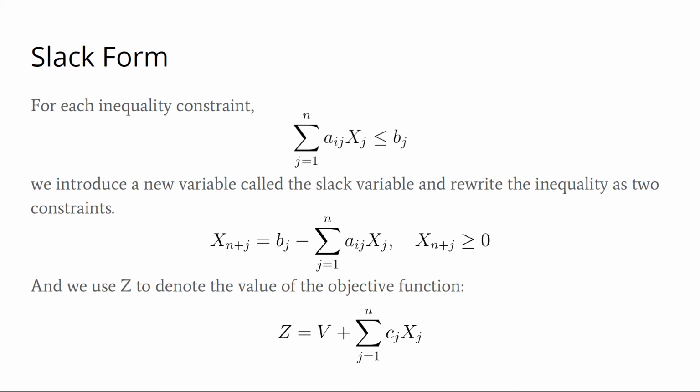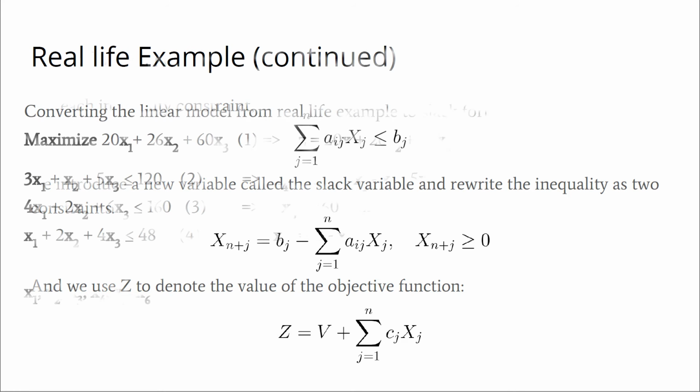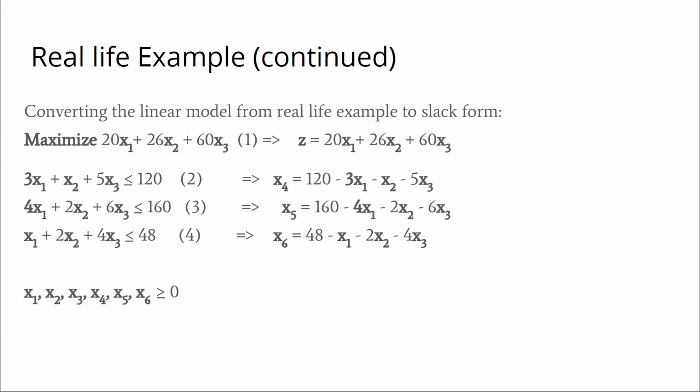Now, you can pause the video and try to convert the example program into slack form and check if you did the right thing. So here on the left-hand side is our original linear program in standard form. To convert it into slack form, we first add the new variable z to denote the value of the objective function. Then we start the operations for these inequality constraints. Since the inequality relations are less than or equal to, and what we want to achieve is an expression with no negative value, we can introduce a new variable and set its value to be equal to the expression, which is greater than or equal to 0.